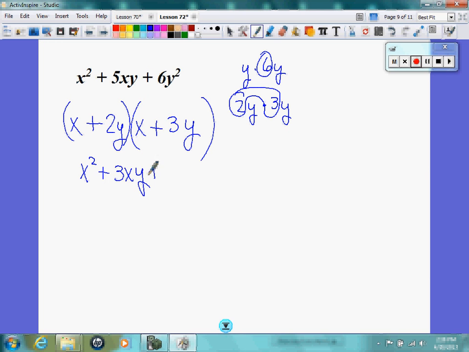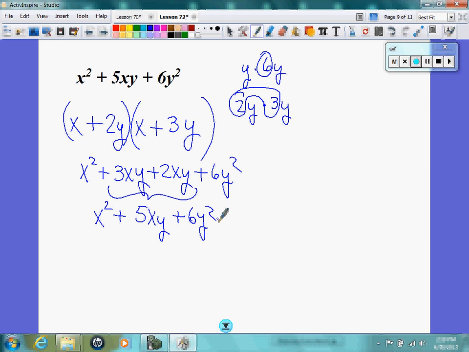Inner times inner is plus 2xy. And then last times last is plus 6y squared. Our outer and inner terms will add together, make 5xy, and that would be our original trinomial. So these would in fact be our factors of that trinomial right there.